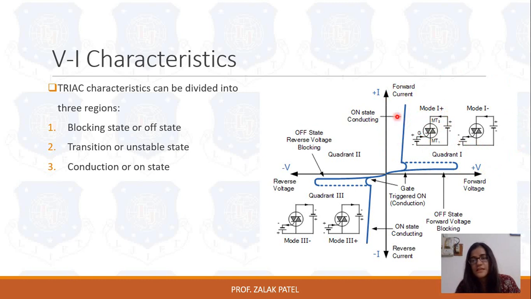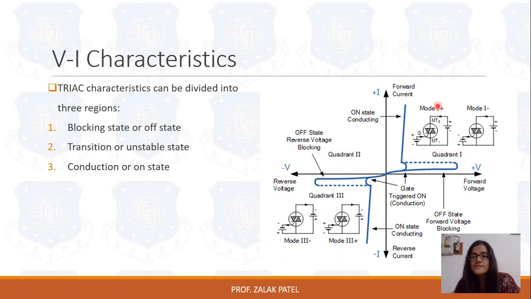Here you can see in the figure that MT2 is connected with the positive terminal in quadrant 1, means MT2 is positive with respect to MT1, then it operates in the first quadrant. And here in the third quadrant you can see that the MT2 terminal is connected with the negative in both the figures, means when MT2 is negative with respect to MT1, then it operates in the third quadrant.